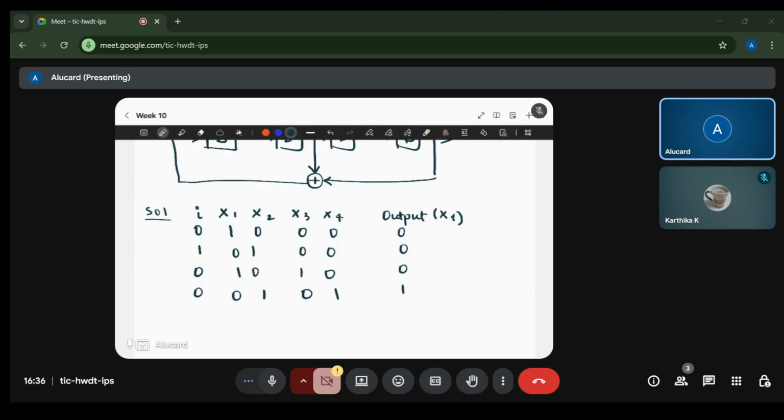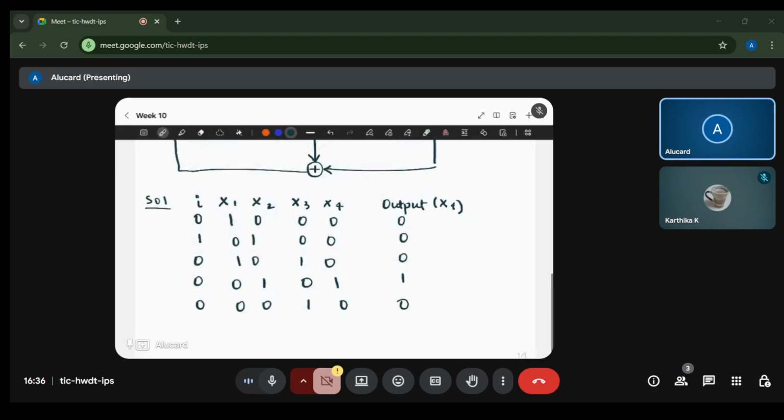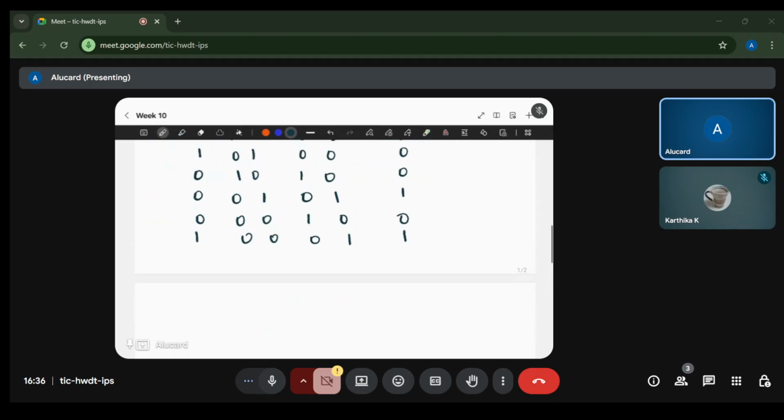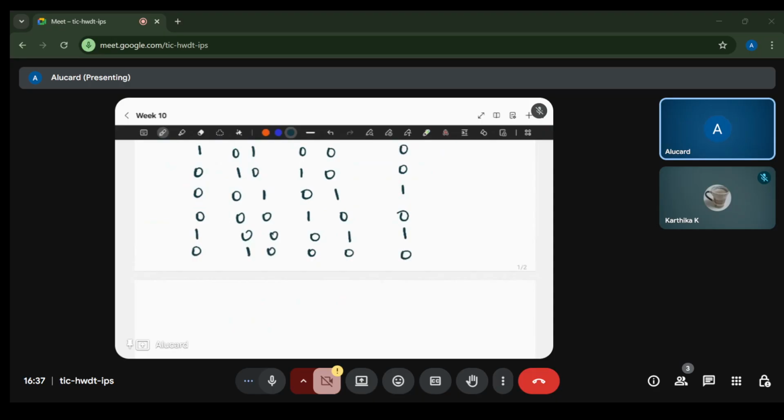Next clock pulse output is 1, 0, 0, 1, 0. And 0, 0, 0, 0, 1. And 1, 1, 0, 0, 0. And so on. So you keep going like that.